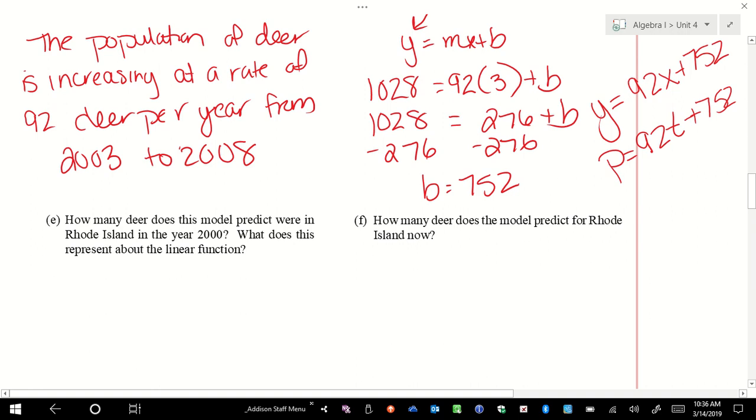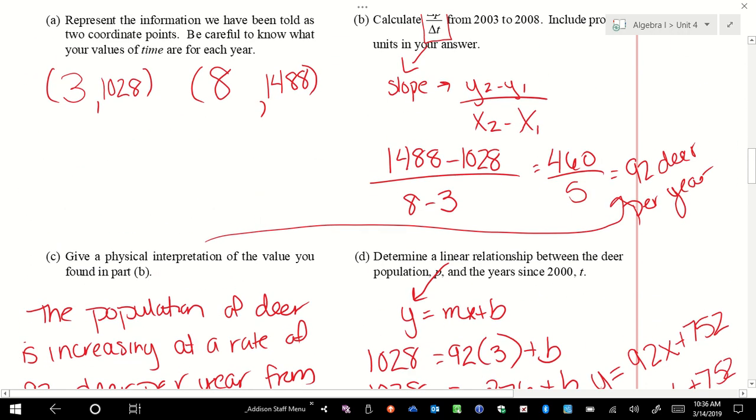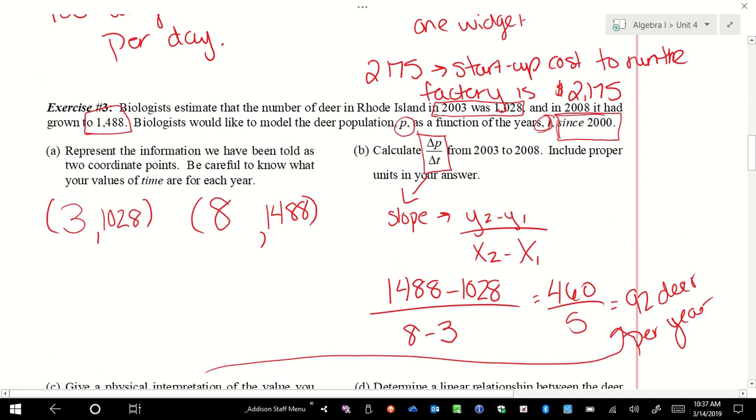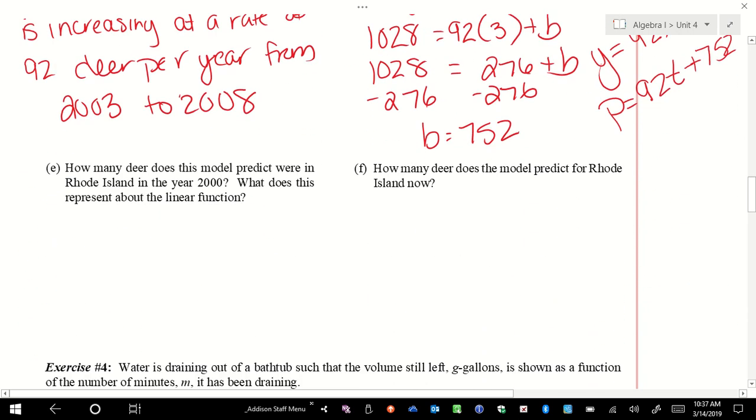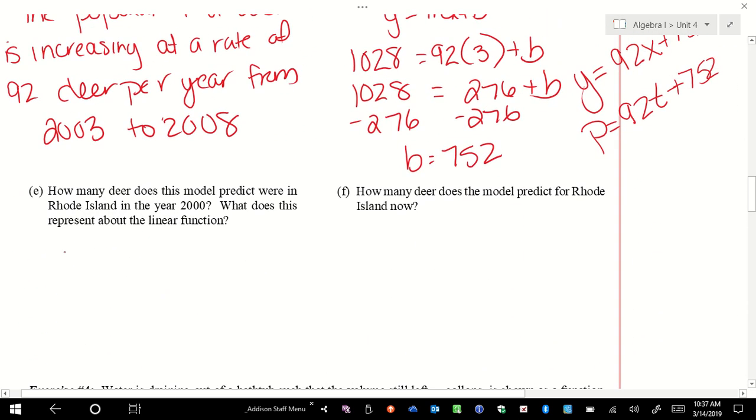Year 2000, if we go back up to the problem, is our starting year since 2000. Technically our 0, right? You should be able to look at the equation and pull out that population if you know that t is 0.